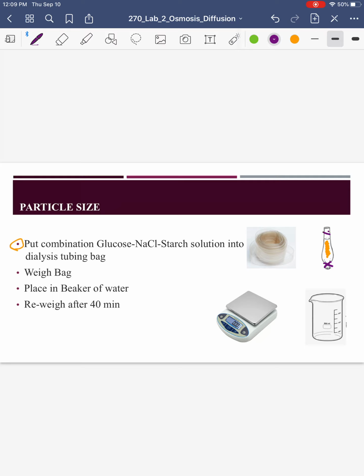Then we're going to tie the other end of the bag, weigh it, and then submerge it into a beaker full of water. We're going to wait 40 minutes, take the bag out, reweigh the bag, and then examine the water contents from the beaker.